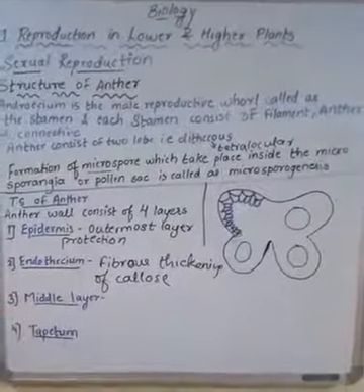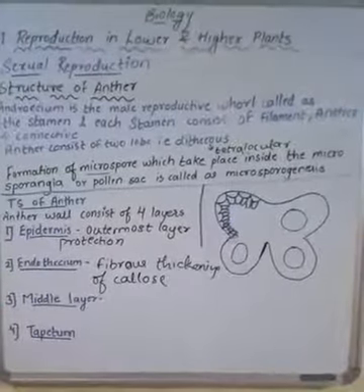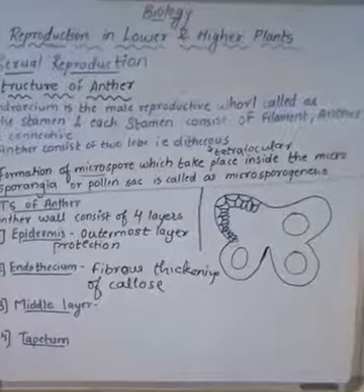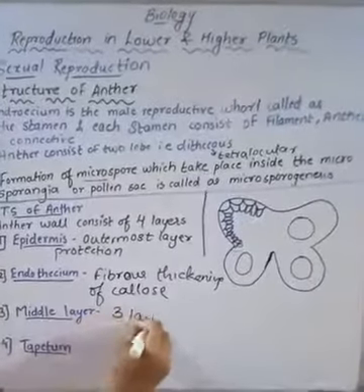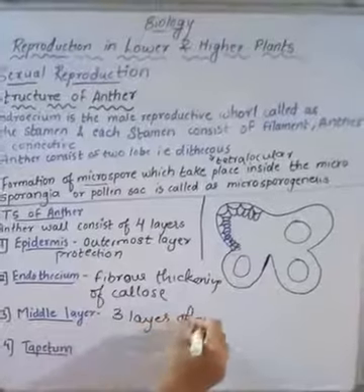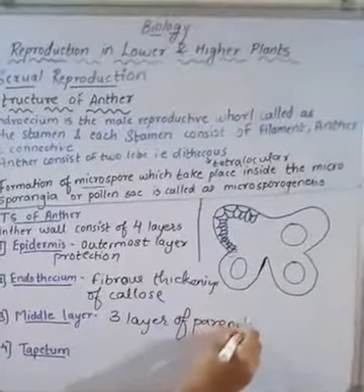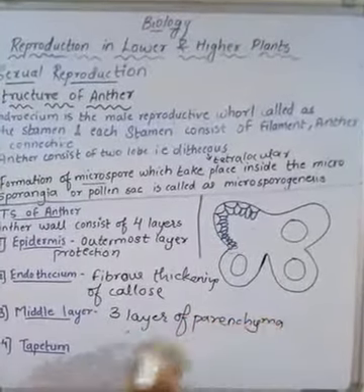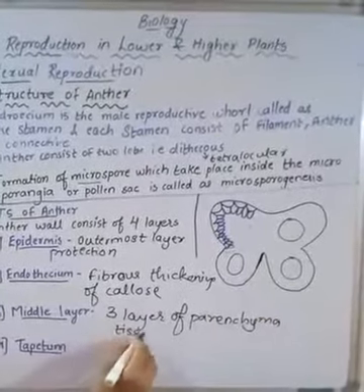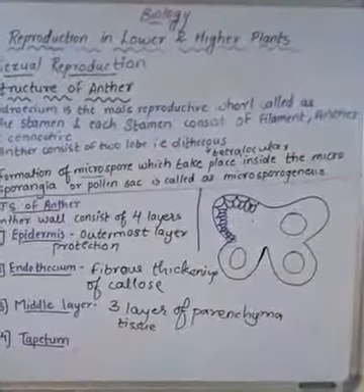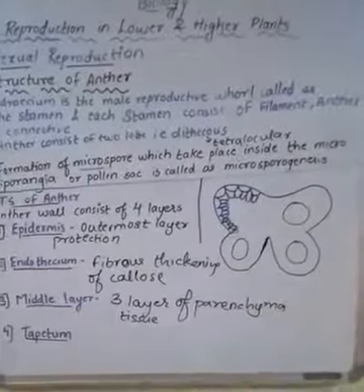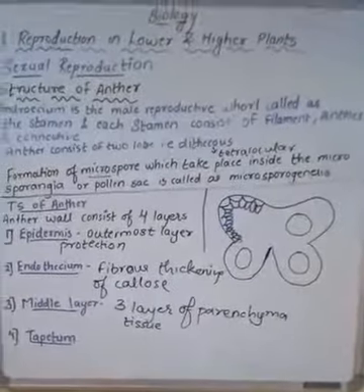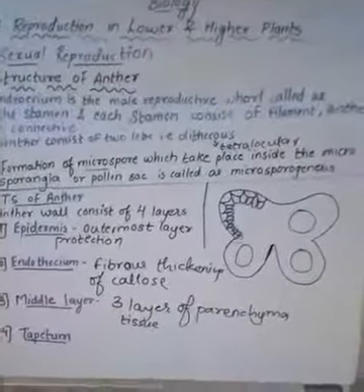Now the third layer is the middle layer. This middle layer consists of three layers of parenchyma tissue. Clear? They are present beside the microsporangia.